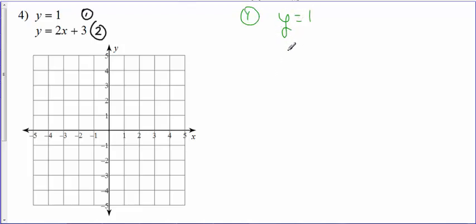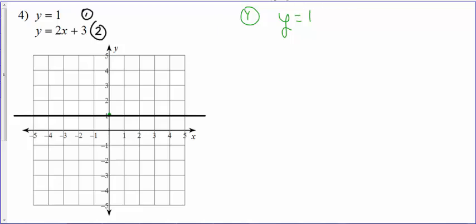We should know that this is a special case because there's only one variable, and the variable is y, which means that the y-axis will be crossed 100% of the time, and the number is 1. So it'll be crossed 100% of the time at 1 on the y-axis, which gives me a horizontal line.